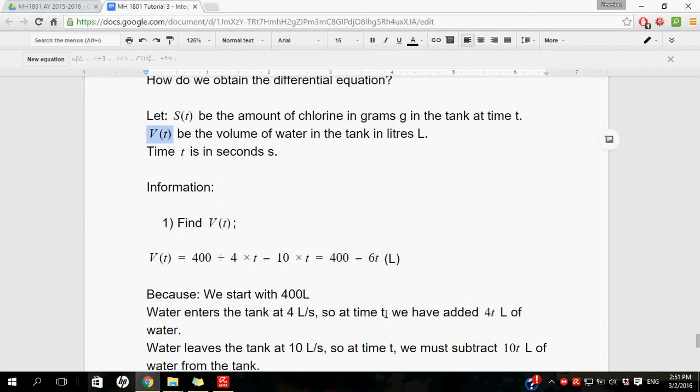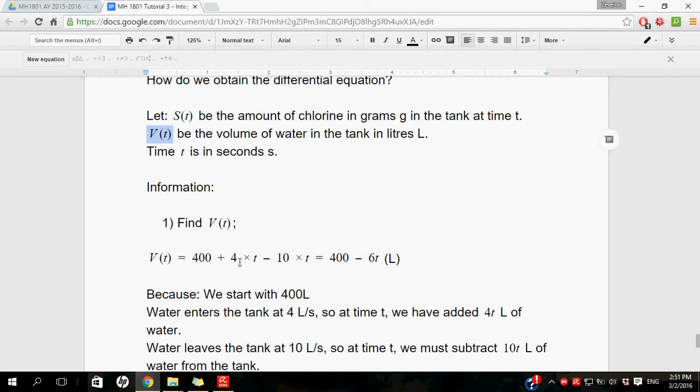Therefore, once we hit time t, we have added a total of 4 times t liters of water to the container. Look at how the units make sense. 4 liters per second times time in seconds is going to give us an answer just in liters.